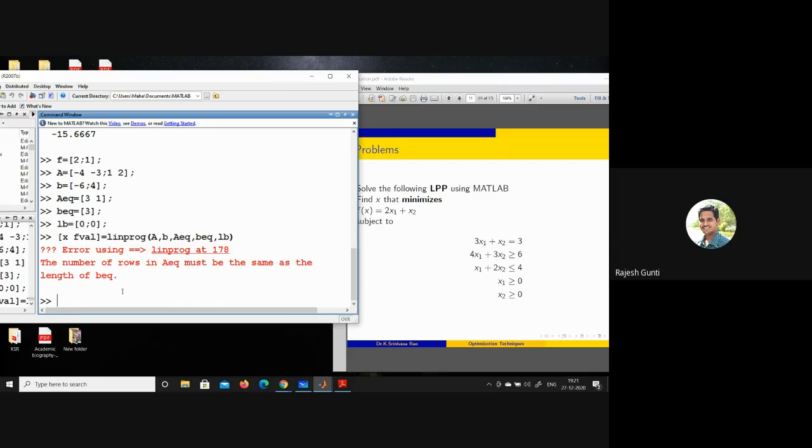The number of rows in AEQ must be the same as the length of BEQ. The number of rows, only one row.